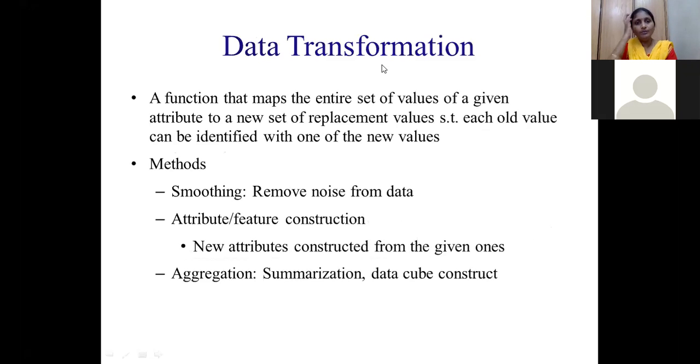Now we are moving to another technique, that is data transformation. So what is this data transformation? Why do we require transformation?